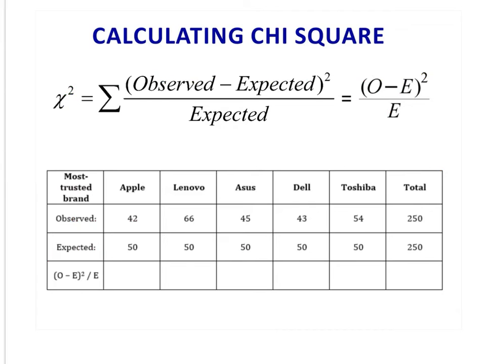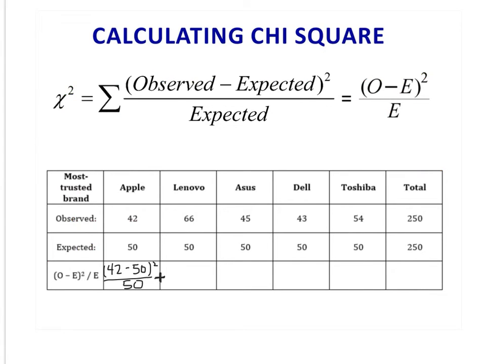So if I want to find chi-squared, how I do that is I take the observed minus the expected squared divided by the expected for each of these categories, and I add them together.